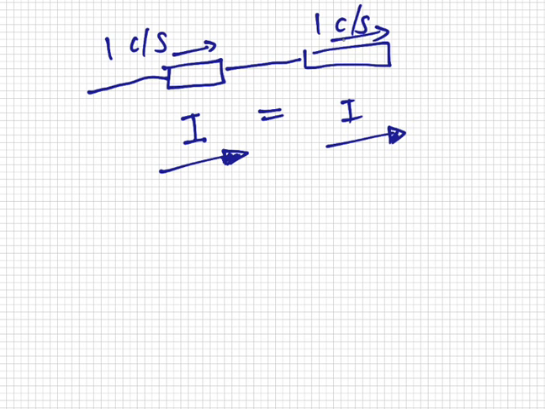What would happen if there was less than 1 coulomb per second here? In the second one, if this was smaller than 1, what would happen? What does that mean is happening? It means the electrons are building up. Think about a room. If 10 people go in, and then 5 people come out, what's happened? 5 people are still stuck in the first room. Okay? So it must be the same so the current can flow.